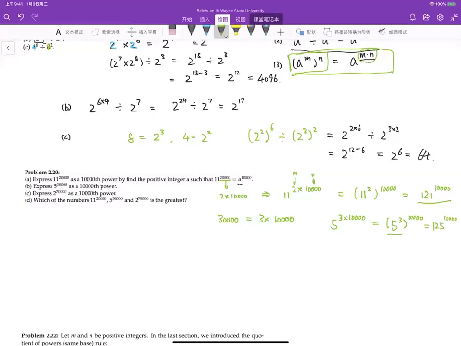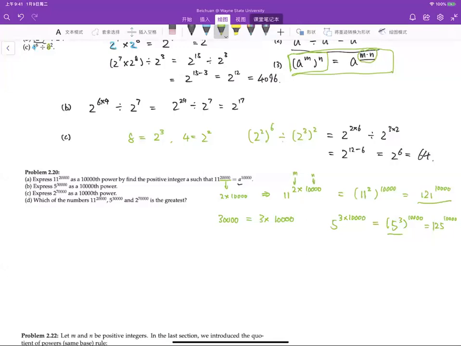So then let's look at C. So in this case, we like to express, the base is 2, the exponent is 70,000. So what will be the base in this case? So anyone? All right, because this is pretty similar to the previous cases, so let me do it. Because that's easy.